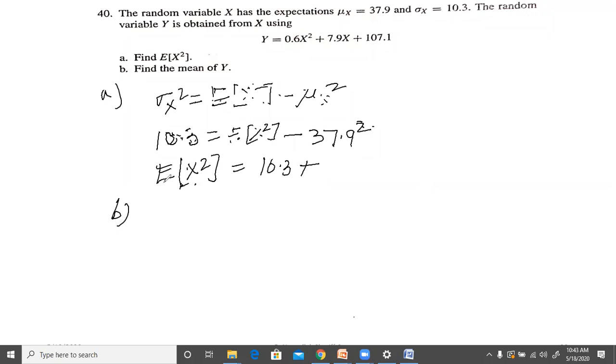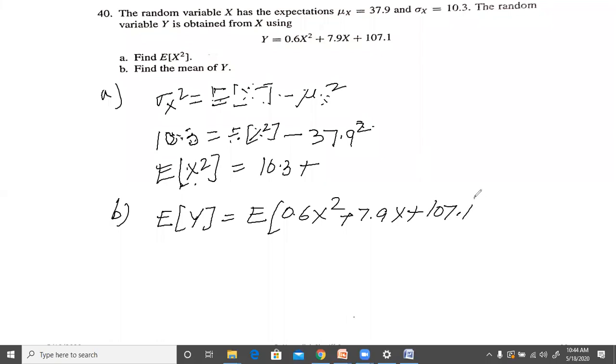So B is find the mean of y. So mean of y is just, it is given to us. Mean of y is E of y is equal to E of 0.6 x square plus 7.9x plus 107.1.